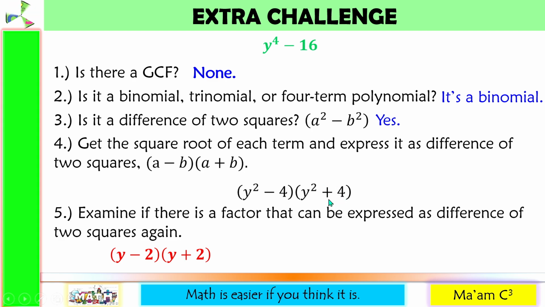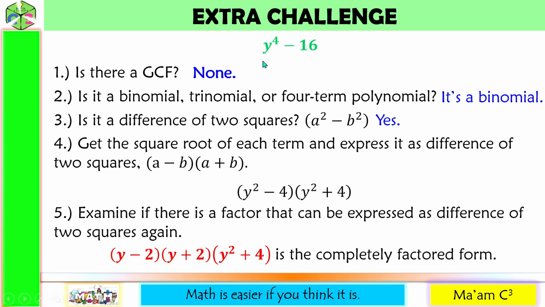No, because the operation in between them is not minus. It is a plus. So this is not a difference of two squares. So what are we going to do with this? We simply have to copy it. This is now the completely factored form of y to the fourth minus 16.